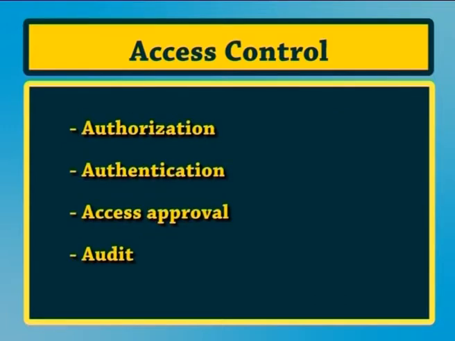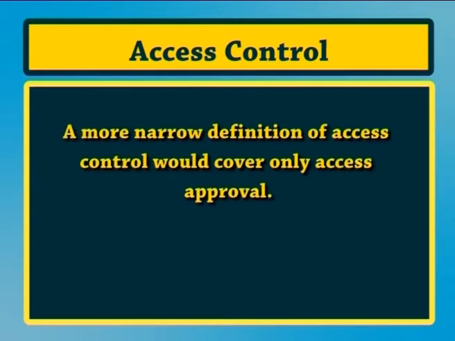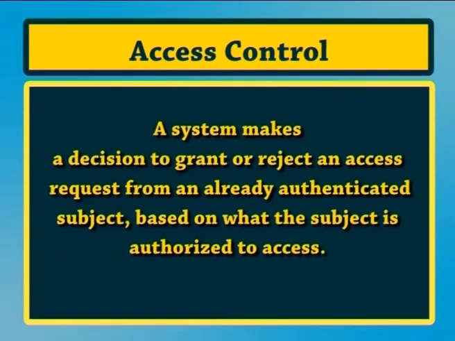In computer security, general access control includes authorization, authentication, access approval and audit. A more narrow definition of access control would cover only access approval, whereby the system makes a decision to grant or reject an access request from an already authenticated subject based on what the subject is authorized to access.